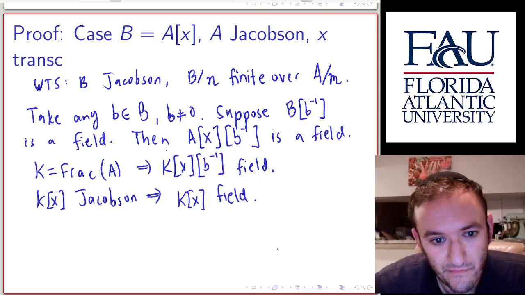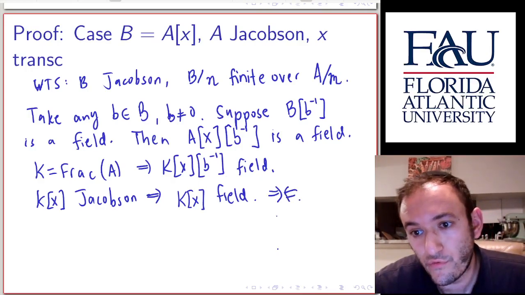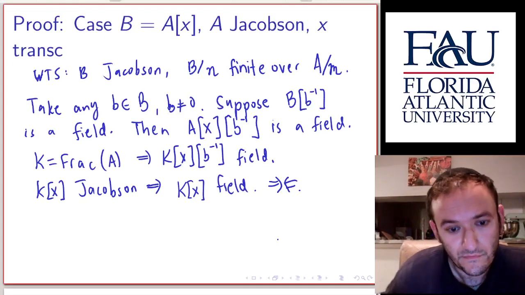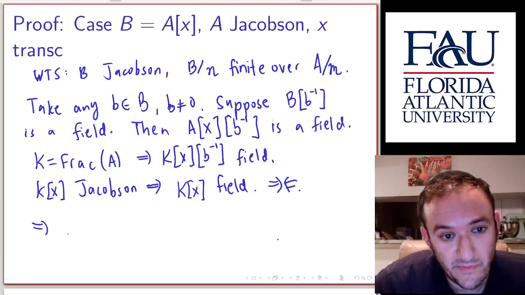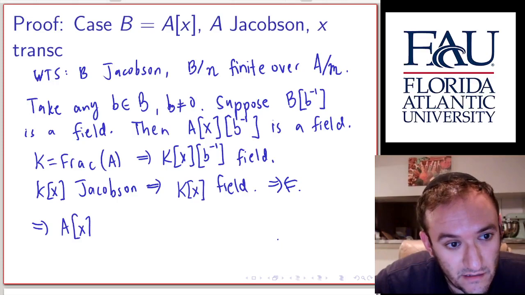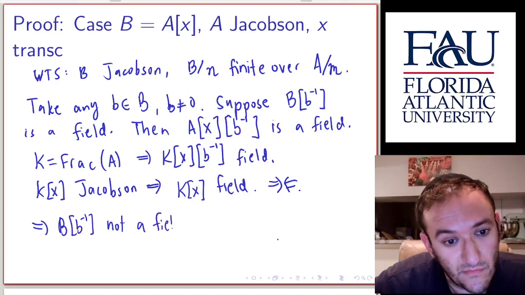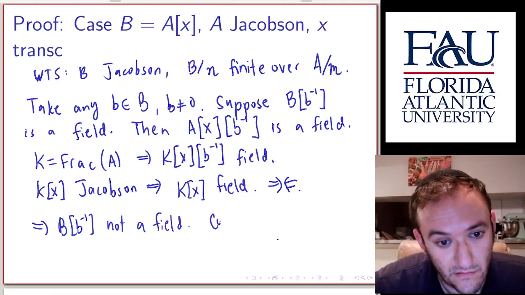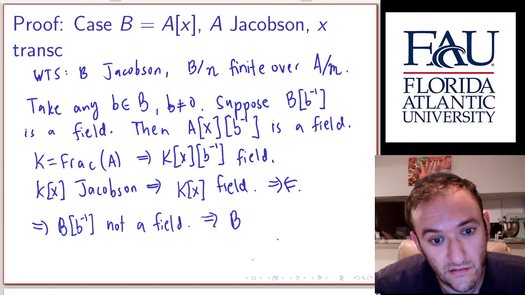But this is impossible, since a polynomial ring over a field is not a field. This means that it must be the case that B adjoin b inverse is not a field. So the condition is true vacuously. So B is Jacobson.